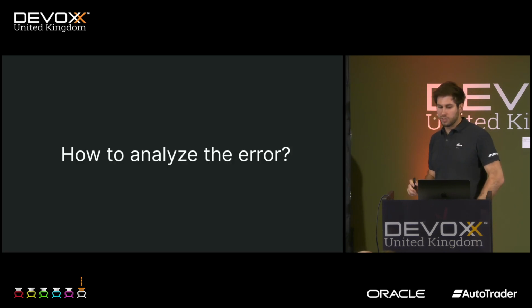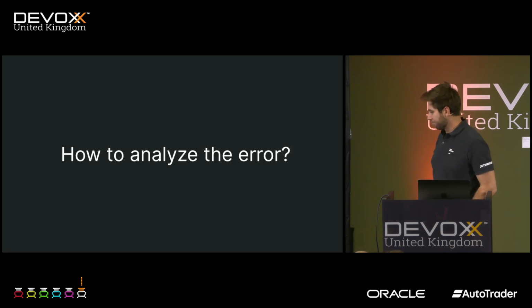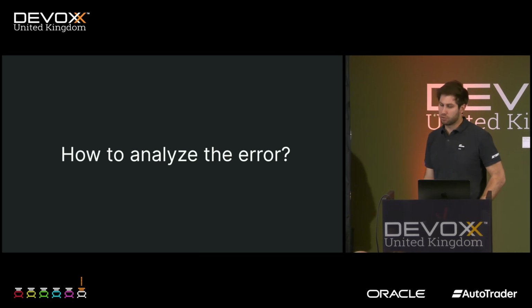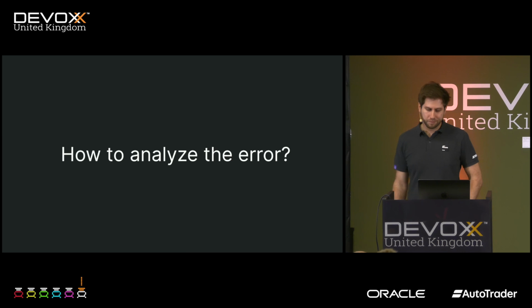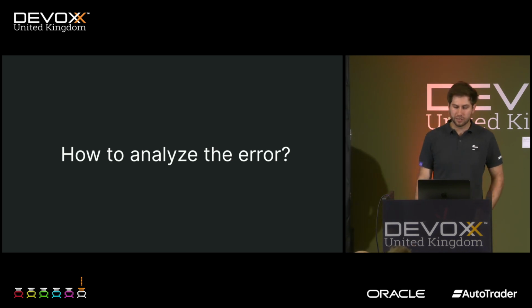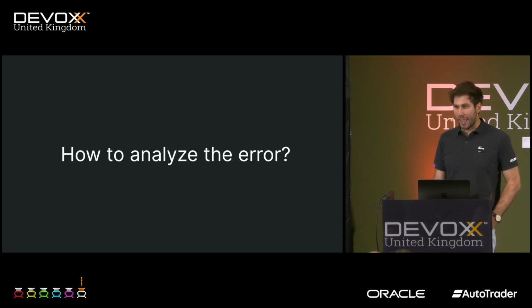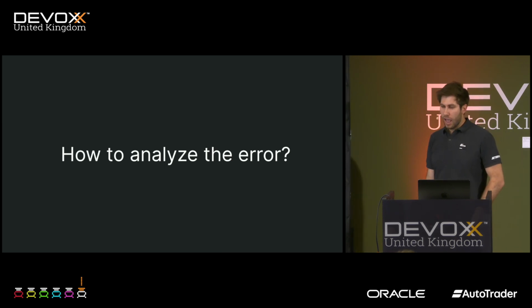So it's cool, isn't it? But maybe not that cool. But okay, let's say we have this output. We know that in this scenario the data structure works incorrectly, but how to analyze the error? How to understand what happened inside the implementation?